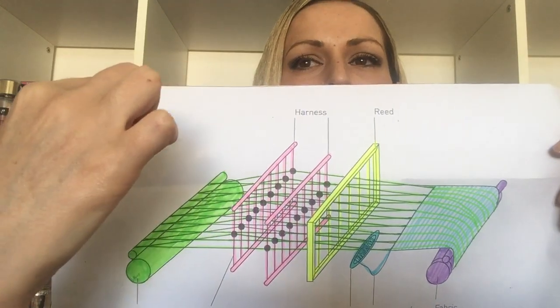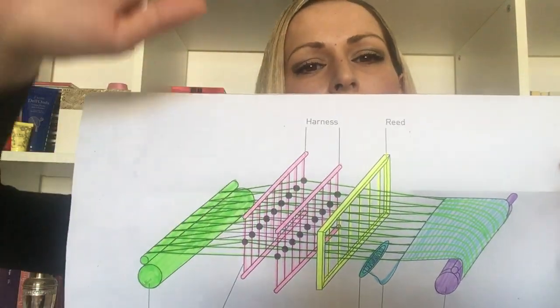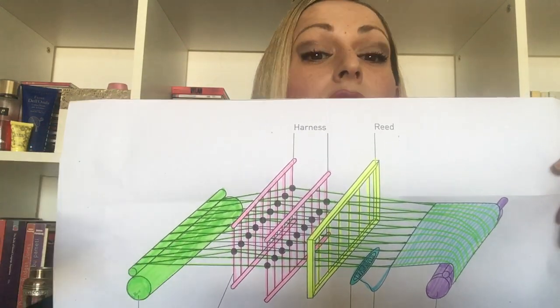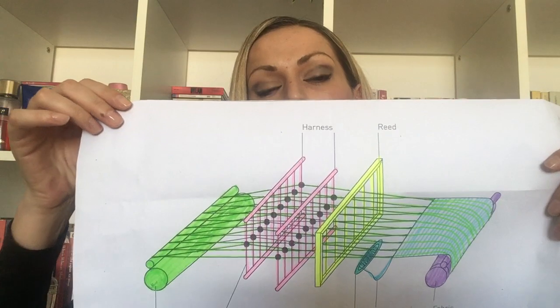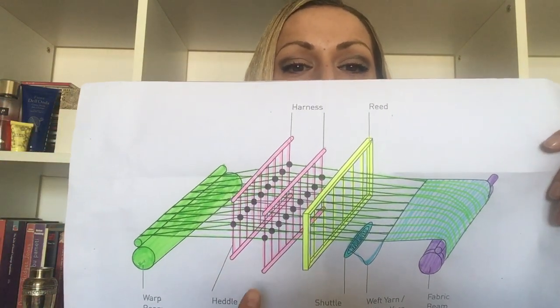So one harness is going to rise, the other one is going to lower, and they are going to create a space which we are going to call the shed, or ziev, and that's where we're going to insert the weft.